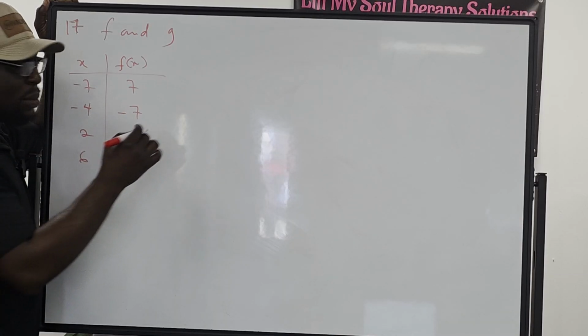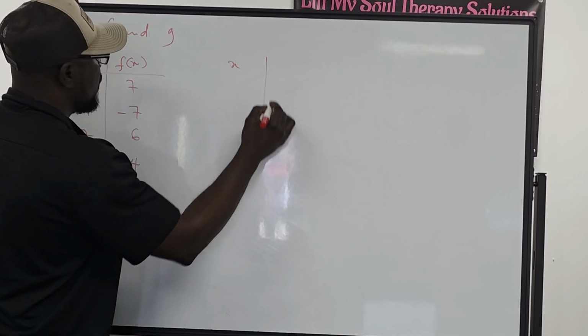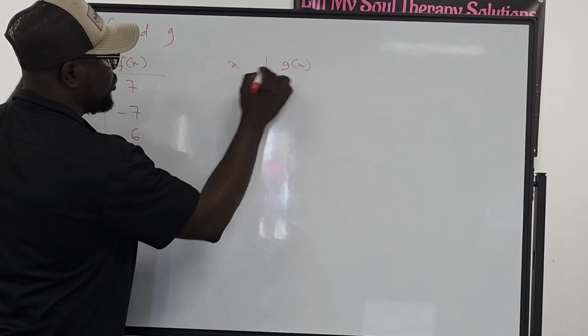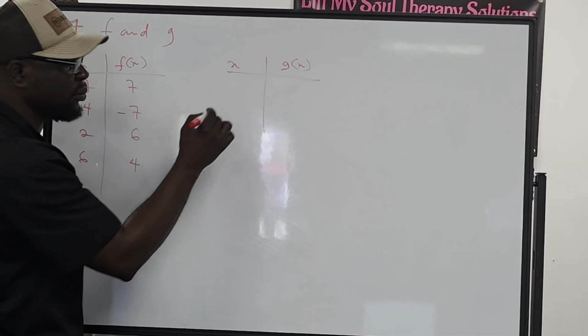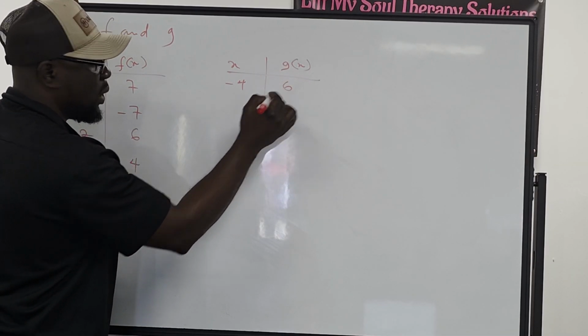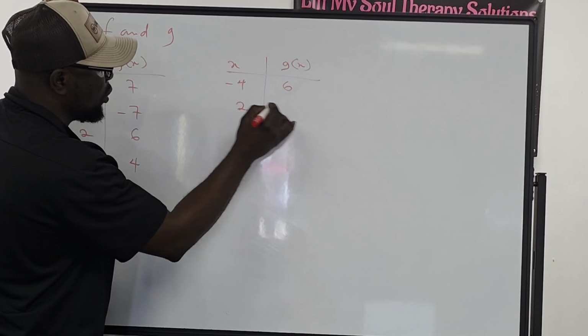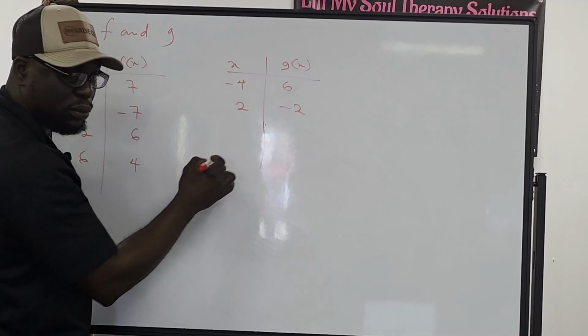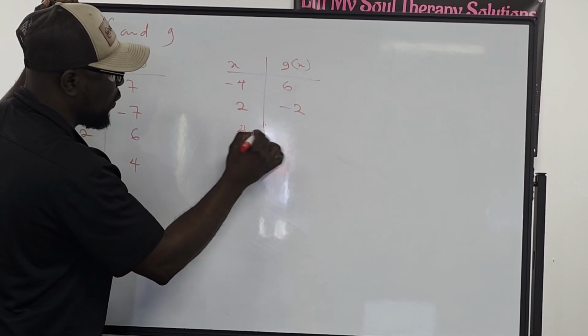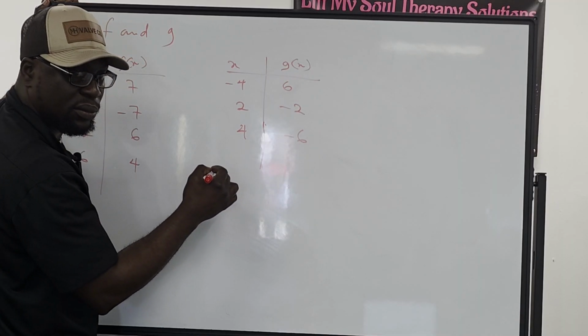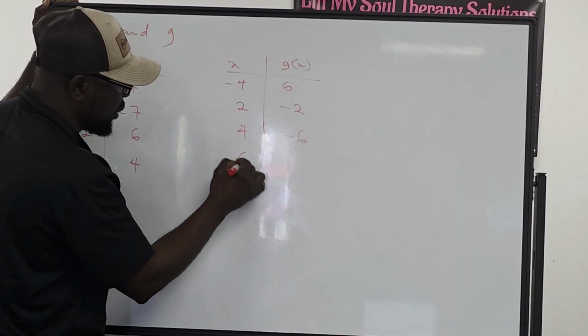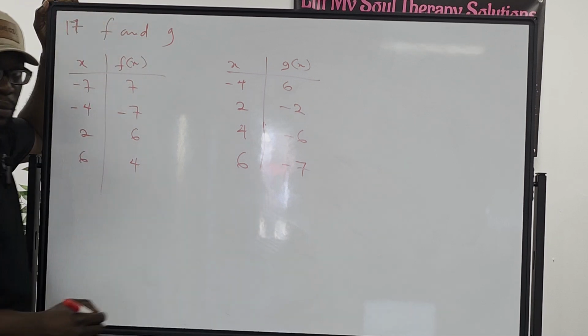And then they give us another table for x and function g(x), and we have minus 4, 6, 2, minus 2, 4, minus 6. Then we have 6, minus 7.